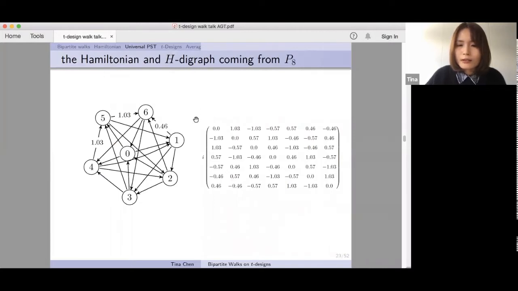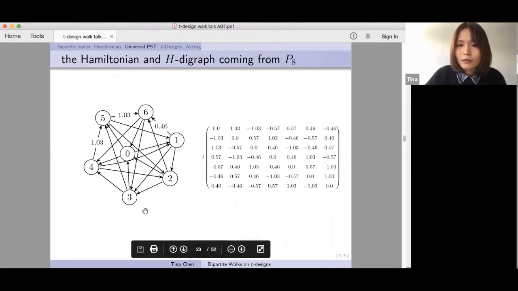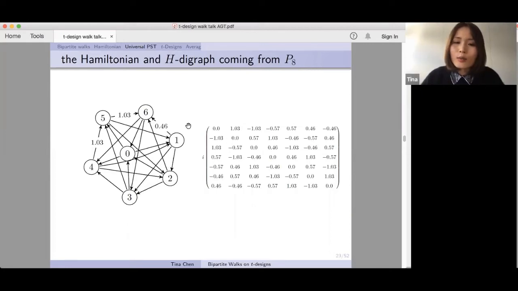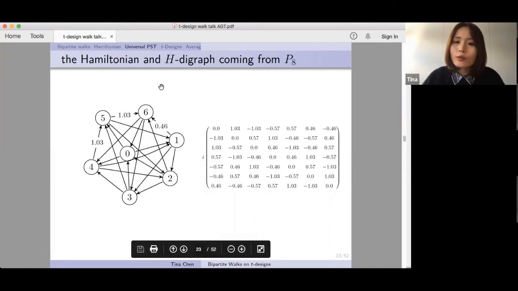So here is the H-digraph of the bipartite walk over P8. It will be K7, and then we just assign weights to the arcs according to the Hamiltonian. The continuous walk over the resulting digraph will have universal perfect state transfer.